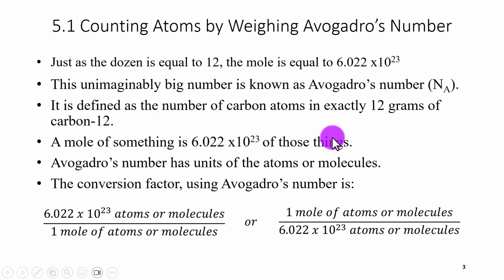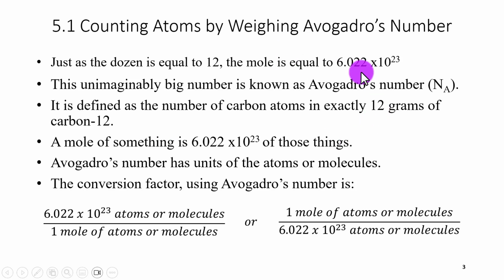Now the definition of Avogadro's number is the number of carbon atoms that are contained in exactly 12 grams of carbon-12. So if I had the carbon-12 isotope and I measured exactly 12 grams of that, I would have 6.022 times 10 to the 23rd carbon-12 atoms. I would have exactly that.